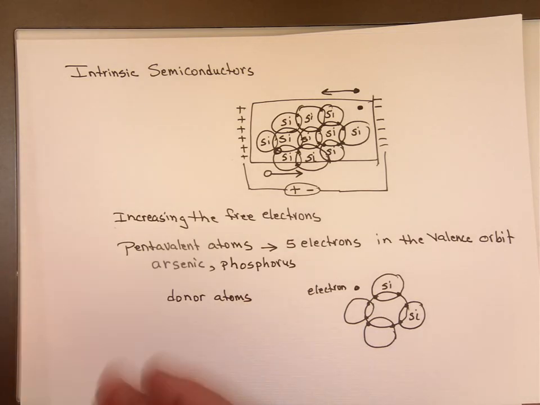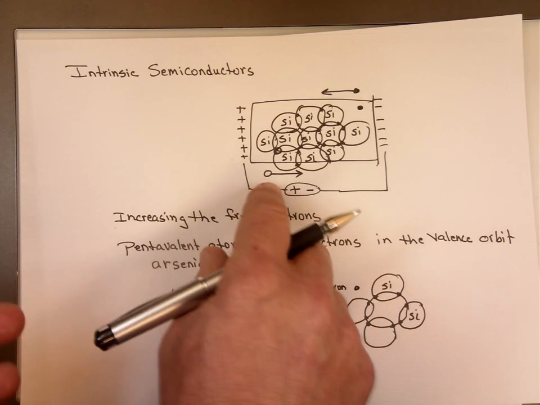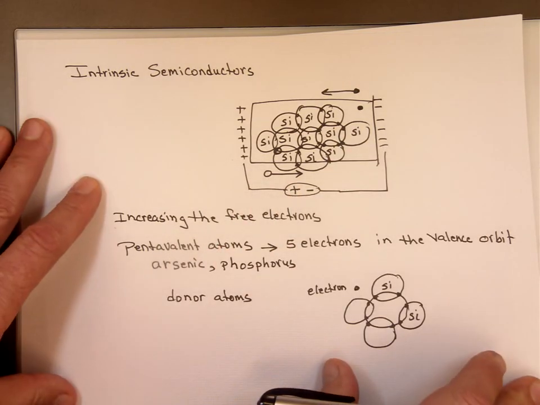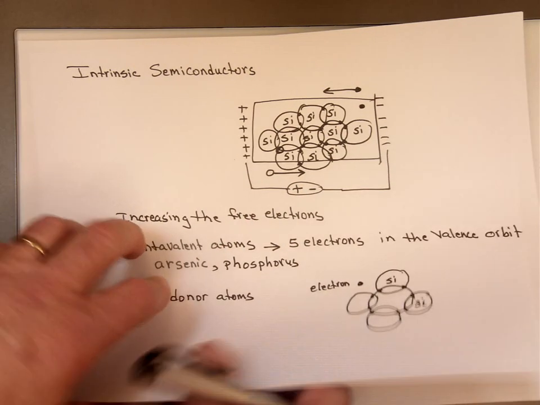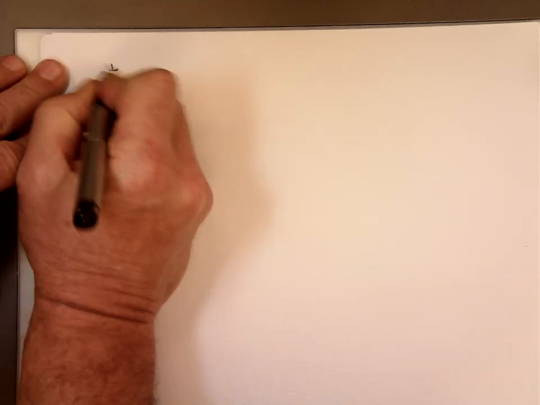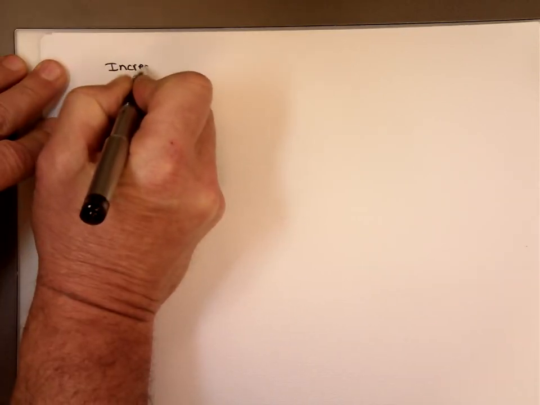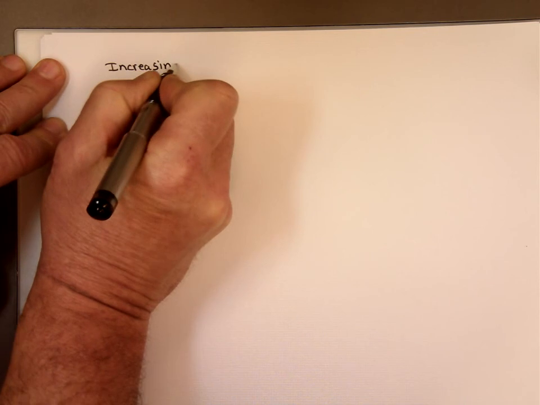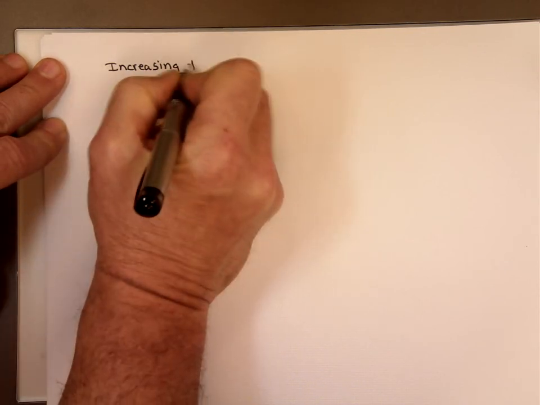You might want to do the same thing by adding holes instead of electrons. So let's talk about increasing the free holes there instead of electrons. Increasing the number of holes.